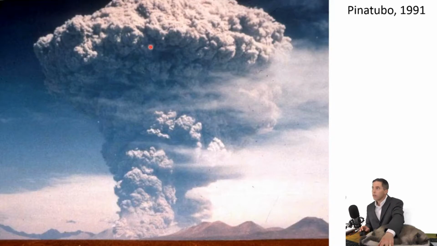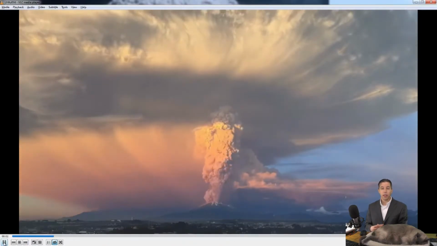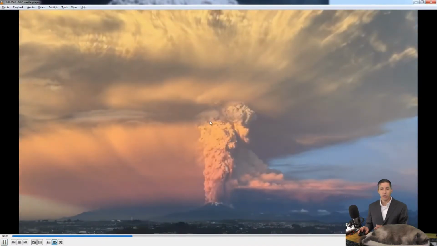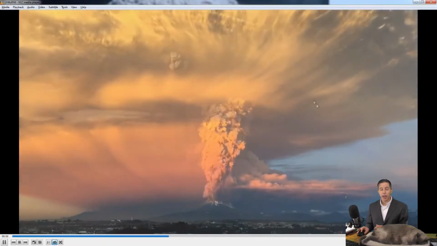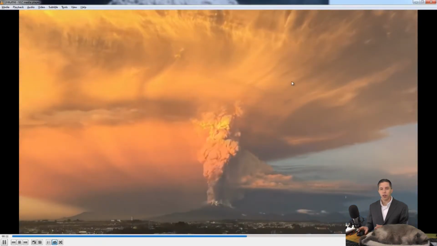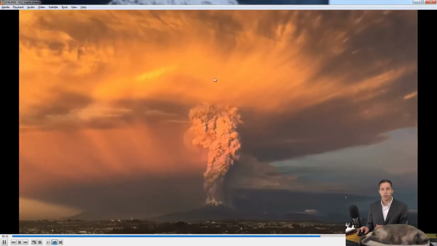So for example, here's a little time-lapse movie of a Plinian style eruption. And so this is the ash coming up. And you might see some lightning in there too. This looks like the anvil from a cumulonimbus. And this marks the top of the troposphere, the tropopause, and the beginning of the stratosphere.